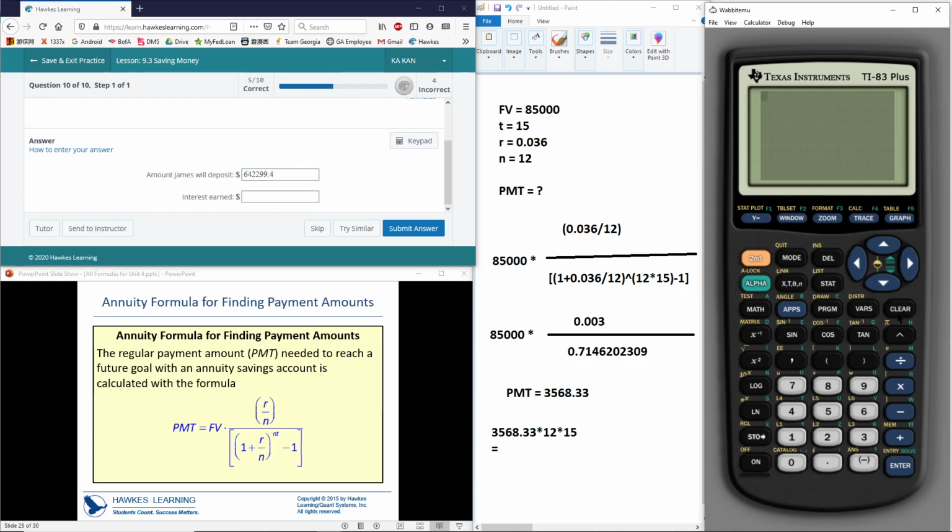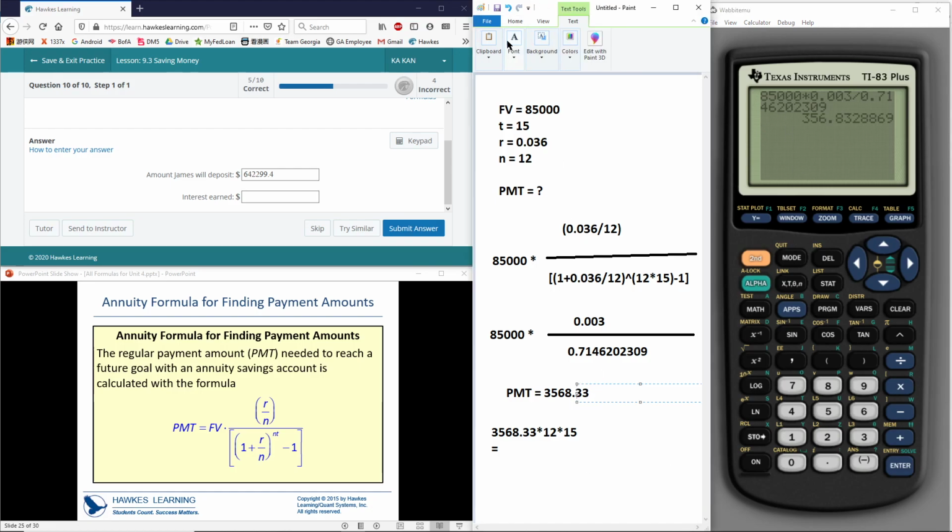Let me try this again. I'm going to put this in the calculator here. 85,000 times 0.003 divided by 0.71462022309. Oh, I missed, come on, too many zeros. My bad.